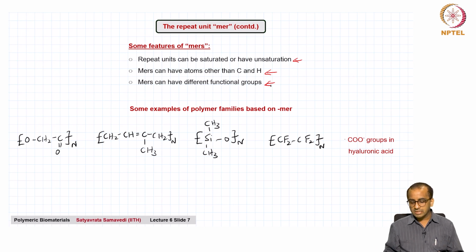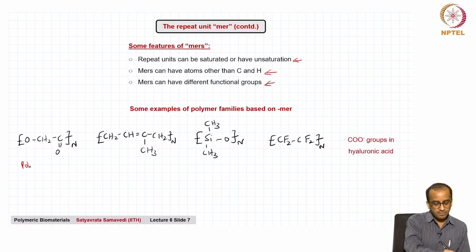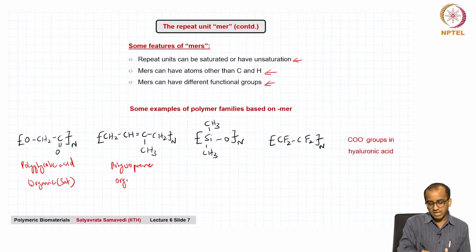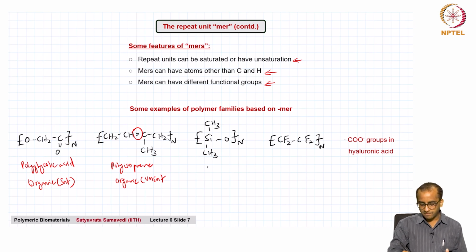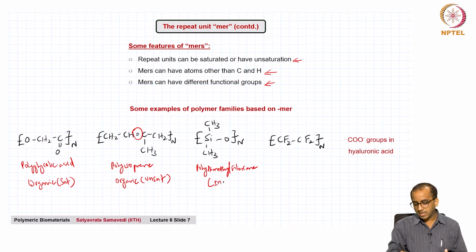So, shown here are some examples of polymer families based on different mers, and what you have here is polyglycolic acid, which is organic saturated, and then you have polyisoprene, which is organic but unsaturated, and then you have polydimethylsiloxane, which is inorganic.